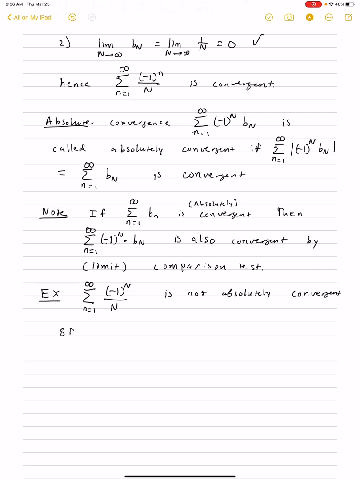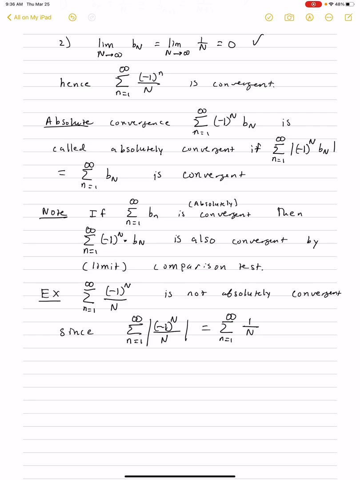And this is because if I take away the minus sign and I put absolute values around everything, this summation is going to be the sum from n equals 1 to infinity of 1 over n.